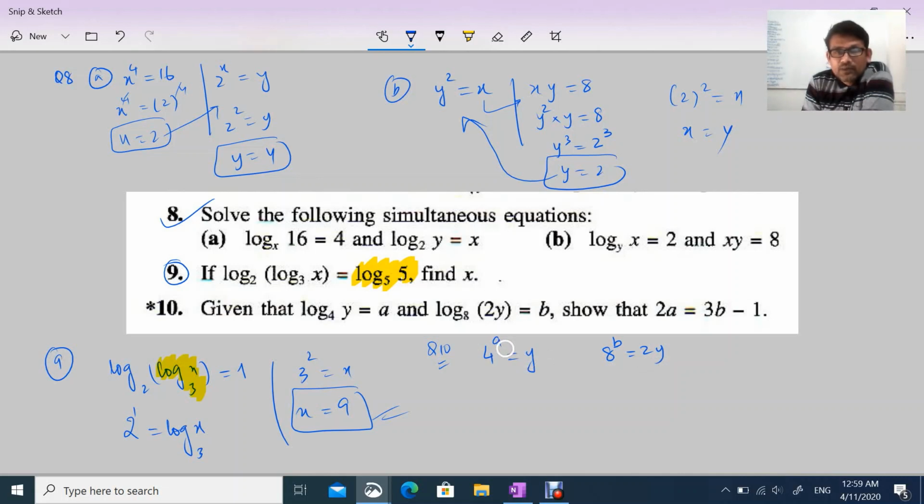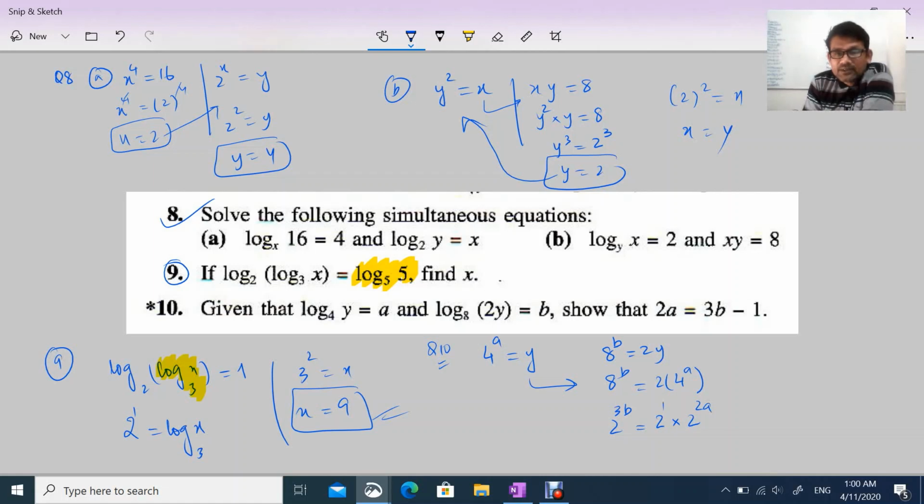This y is 4 power a, I can write here in 8 power b by substitution. I can write 2 and bracket 4 power a. Here I can make all the bases 2: 2 power 3b. This 2 is already there, and this 4 I can make 2 power 2a.